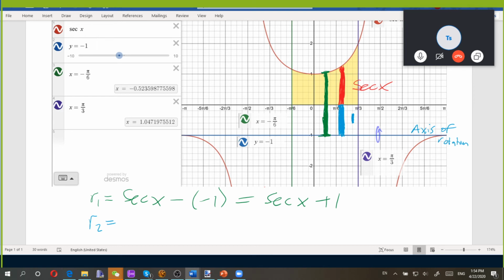It should be a distance, though. y equals -1 is the axis of rotation. I want the distance from the axis of rotation to the innermost function. So this is the area where I'm cutting off. Then I want this distance. How much is this distance?